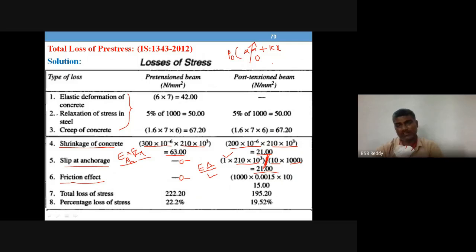Alpha is the angle between the tangents. Take any two points on the tendon; the angle between the tangents there is alpha. As the tendon is straight, there is no angle difference between the tangents. So only k into x into P naught. P naught is 1000, x is 10 meters.